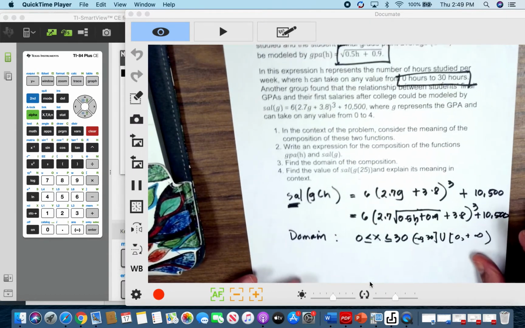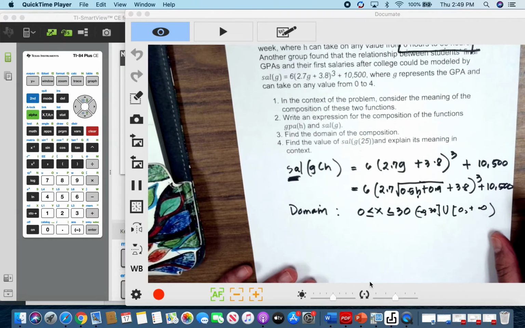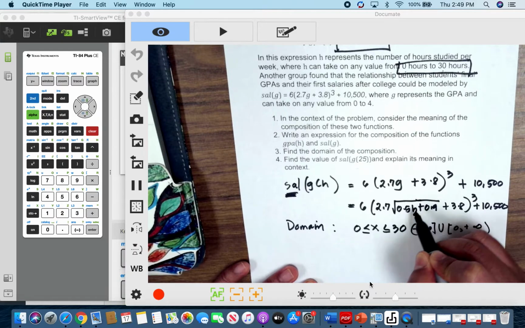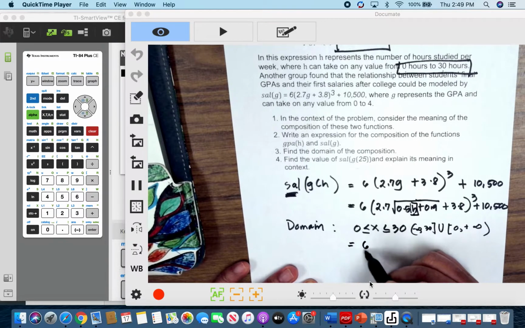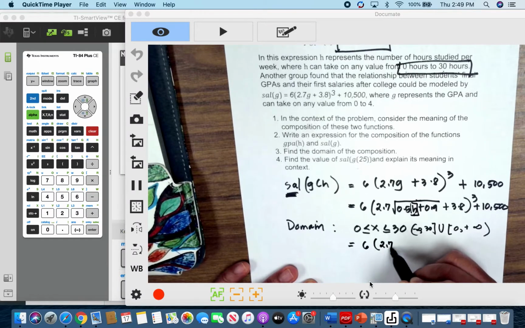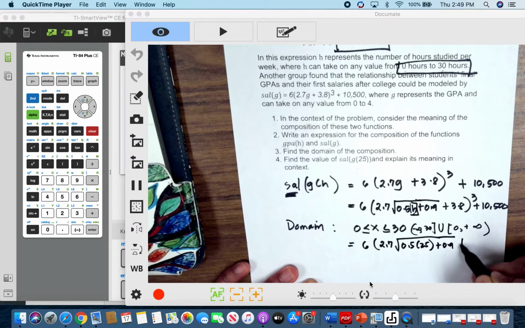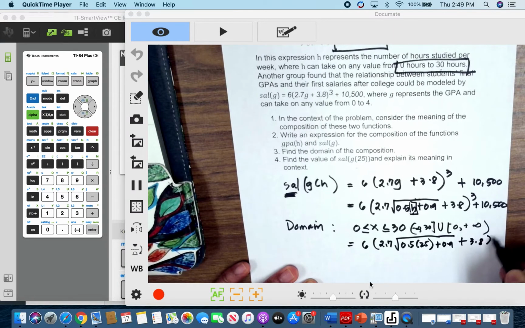So we will do both so that you would see how they differ and how they are the same. Since I already have the composed function, I can replace h with 25. So that will be 6 times (2.7 times the square root of 0.5 times 25 plus 0.9, plus 3.8) raised to 3 plus 10,500.